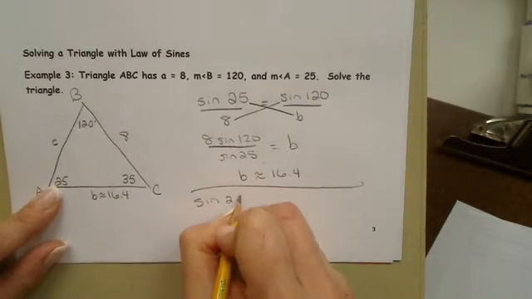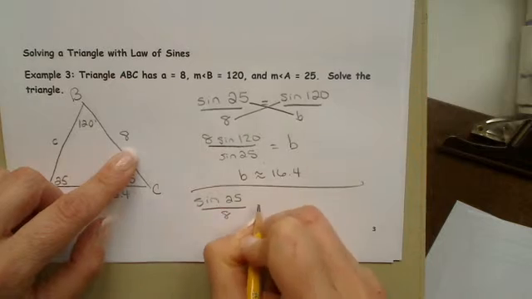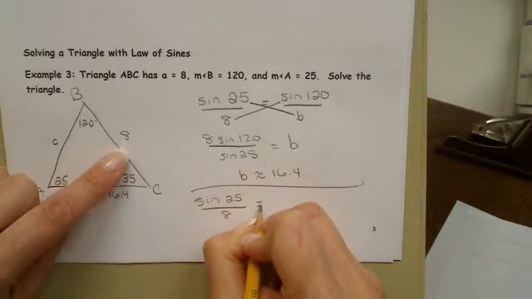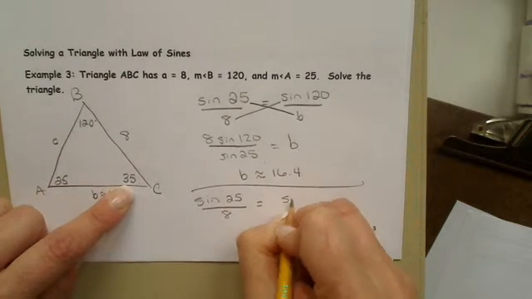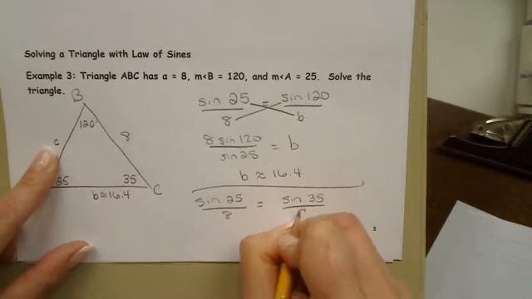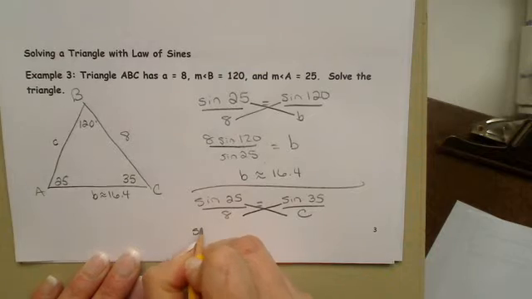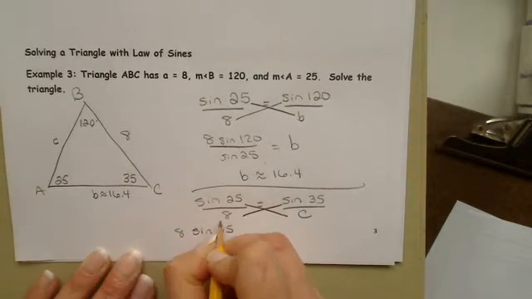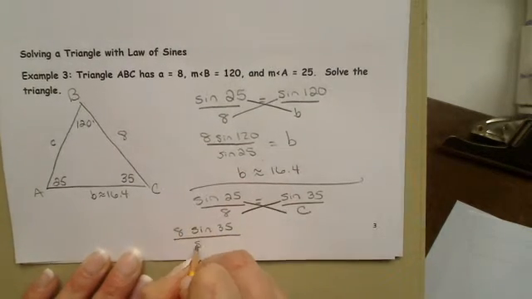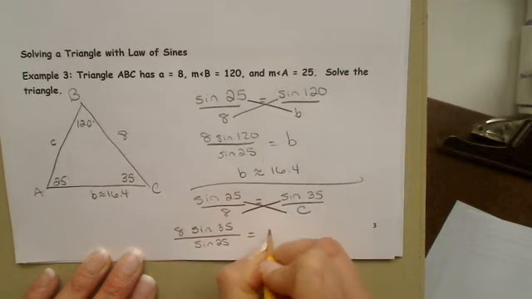Sine of 25 over 8. I'm using that one because it doesn't contain a rounded number. So sine of 35 over c. We'll cross multiply and divide. 8 times sine 35 divided by sine 25 should give us c.